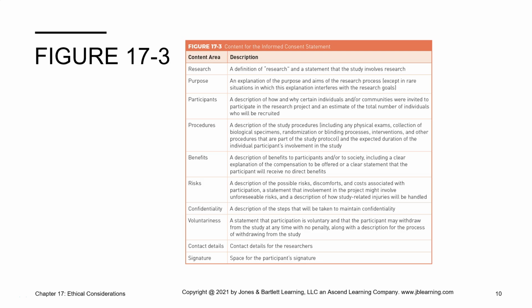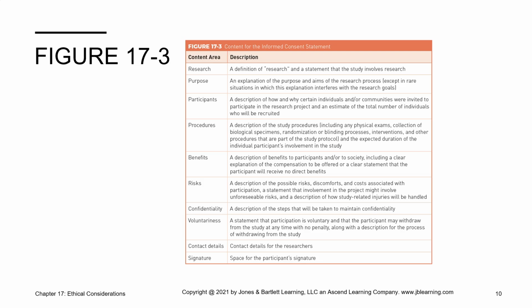So figure 17.3 goes over content for the informed consent statement. So anytime you have a research project, you have to go over some sort of informed consent process when you're collecting new data. Now this may be in paper, this may be verbally, there are different types, but it should all include information about the following somewhere within the document.